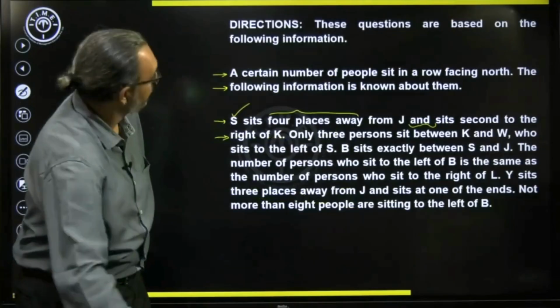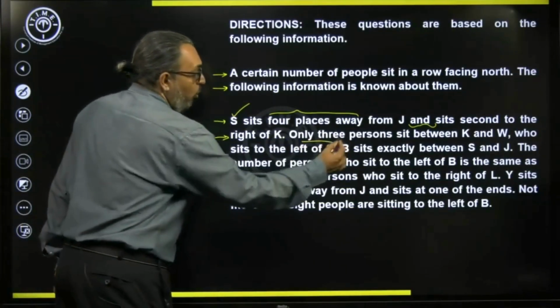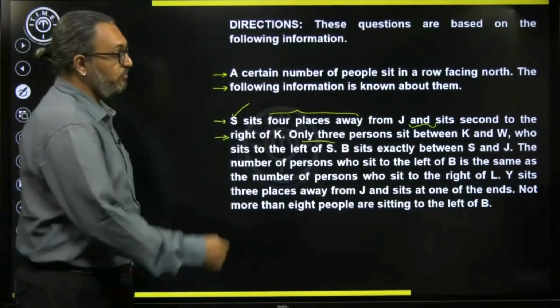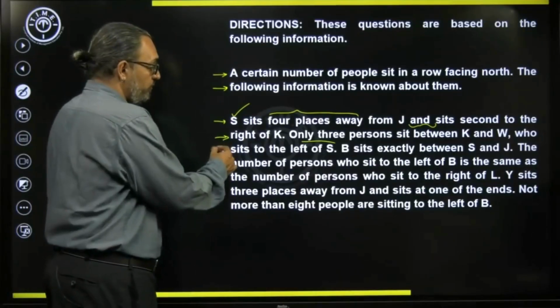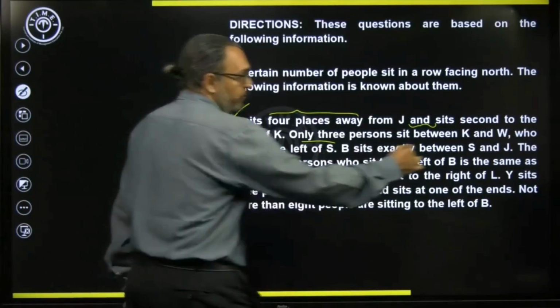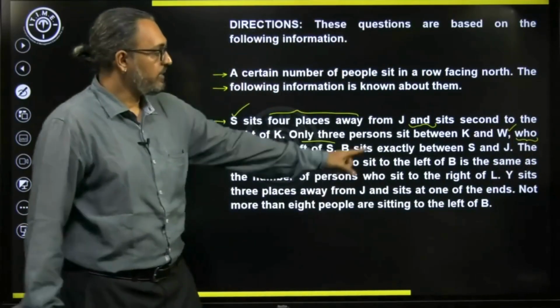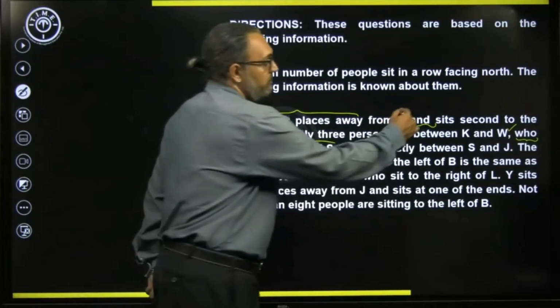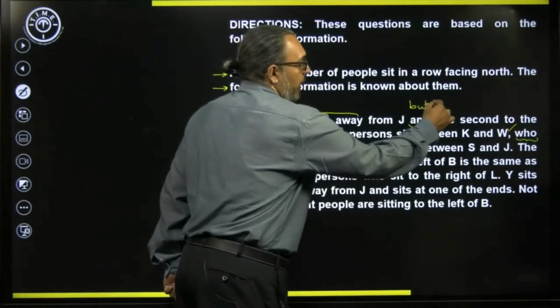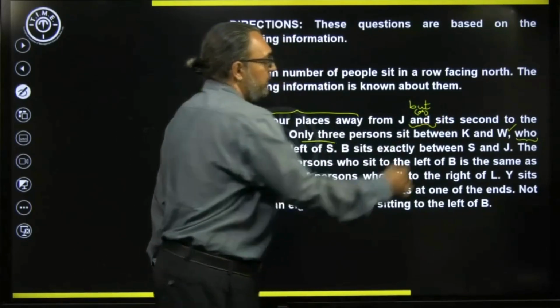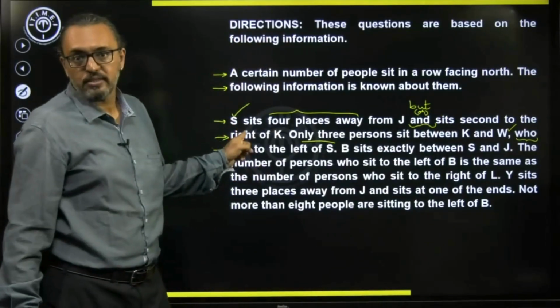Then further, only 3 persons sit between K and W, who sits to the left of S. When you have "who", it refers to the person just before it. Like I said, when you have "and", sometimes he will also say "but", it will always refer to the first person in the sentence.